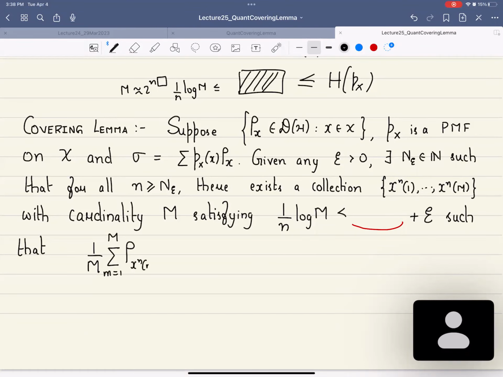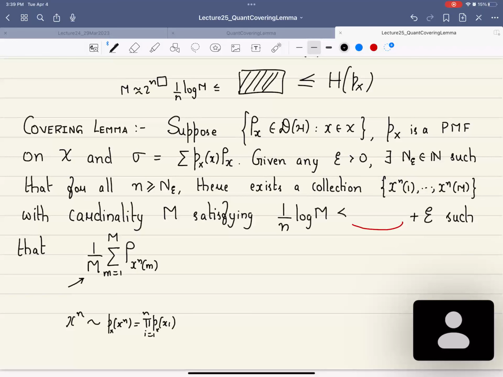So I'm changing my distribution. I would have picked xn with probability px of xn, that is the product p of xi, i equal to 1 through n. This is what I would have picked, but I'm not going to do that. I'm going to pick uniformly from this collection.